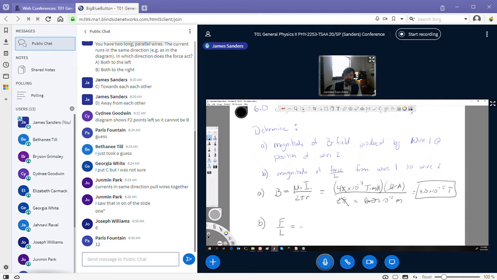That would be your B from wire 1 times current I from wire 2. So that's 4 times 10 to the minus 5 Tesla, and then I2 was 12 amps. 12 times 4 is 48, so we end up with 4.8 times 10 to the minus 4 newtons. So not very much force, actually.